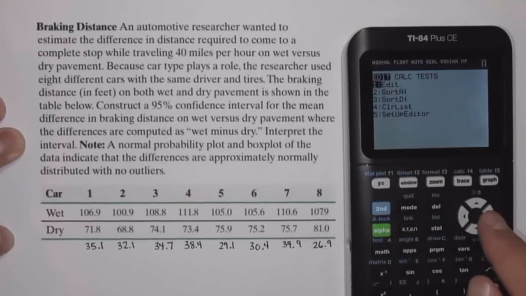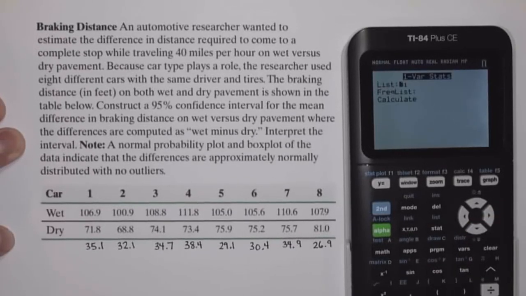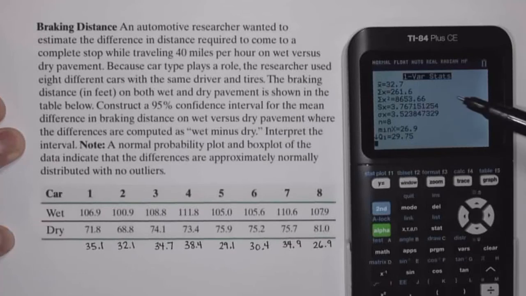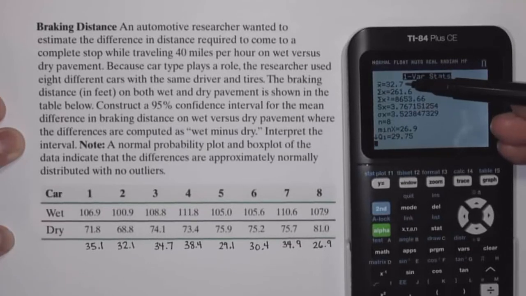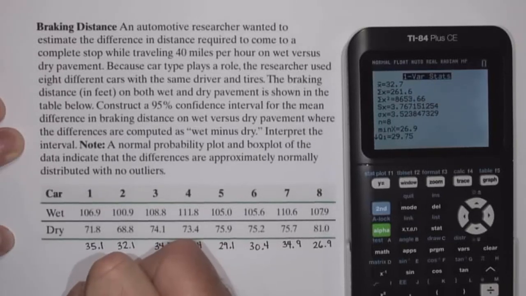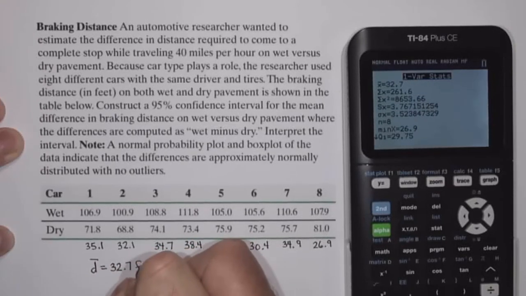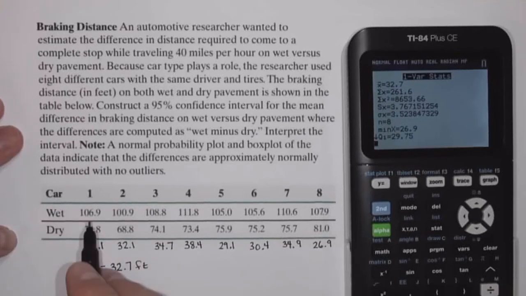I'm going to go to Stat, Calc, one variable statistics, and I want to do that for the data in list 3. So if I calculate, now the calculator calls it x bar, but that's really d bar, is 32.7. So the mean for our sample was 32.7 feet. That again is the mean difference between the stopping distance for wet versus dry pavement.